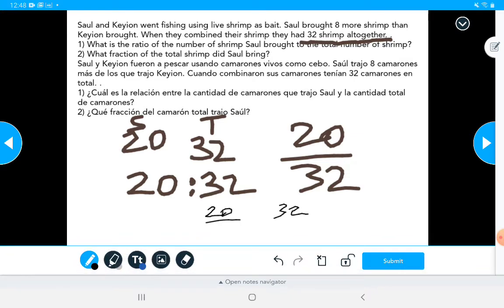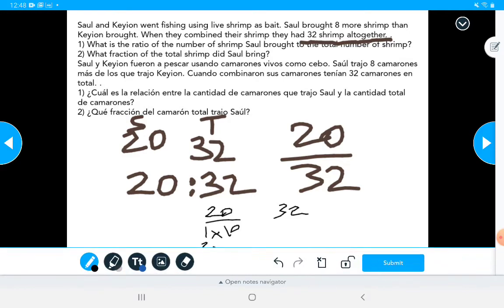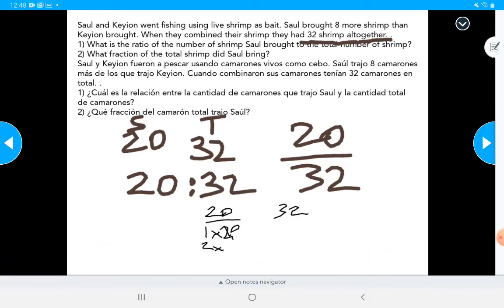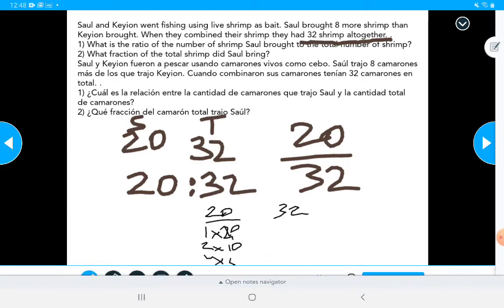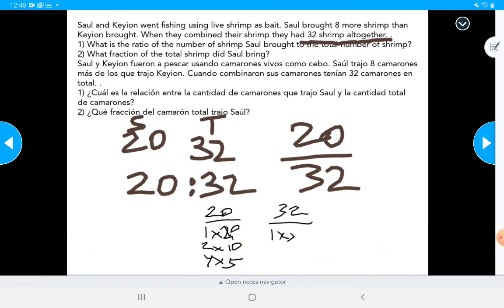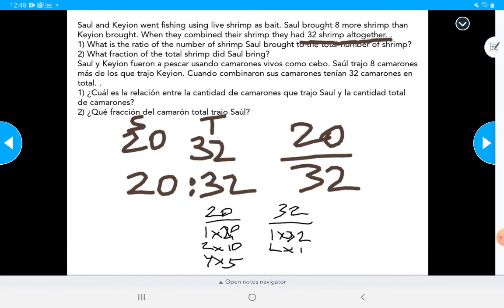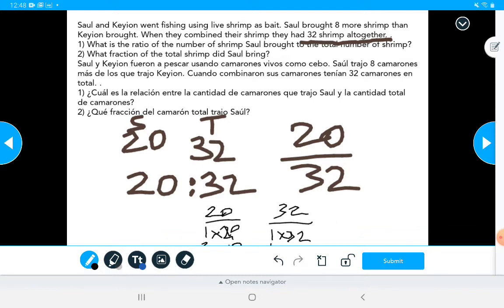Now I know 20 can be multiplied 1 times 20, 2 times 10, and 4 times 5. 32 could be 1 times 32. Oh man, I'm so sorry. Let's erase this. You can't see any of this anyways.